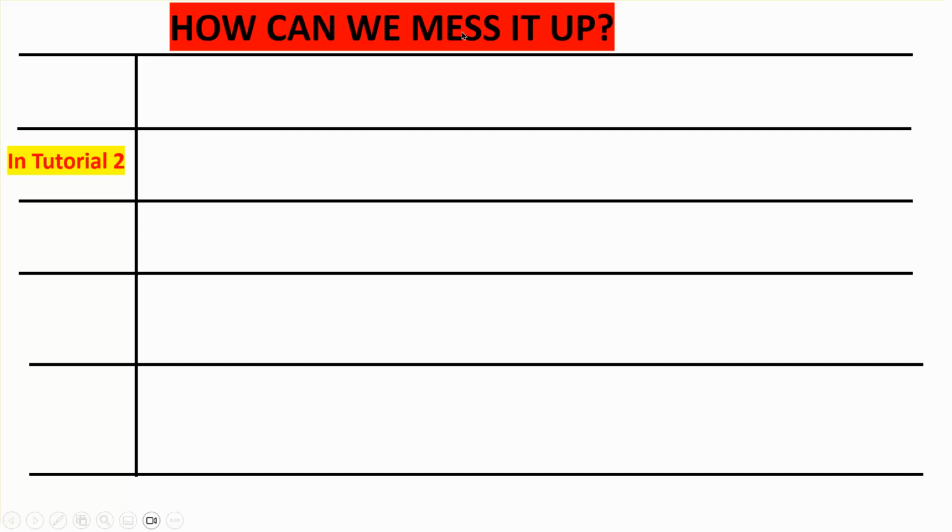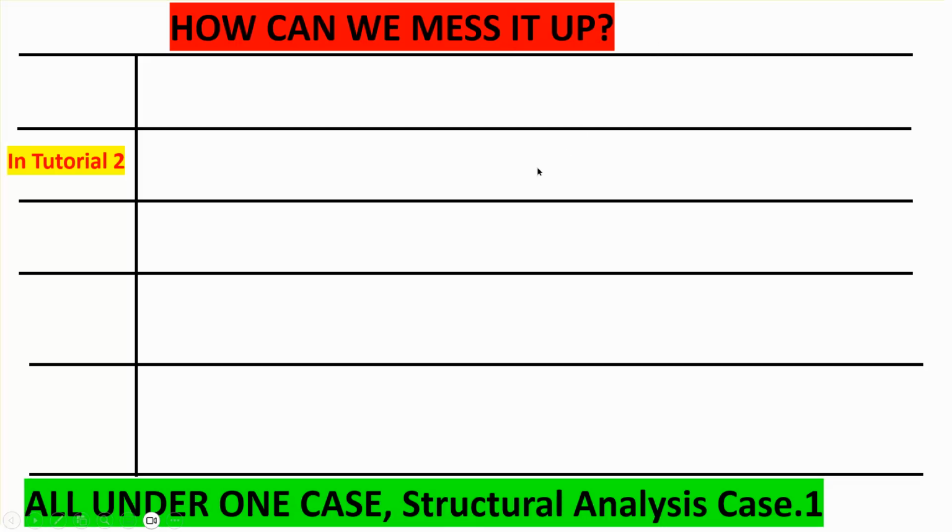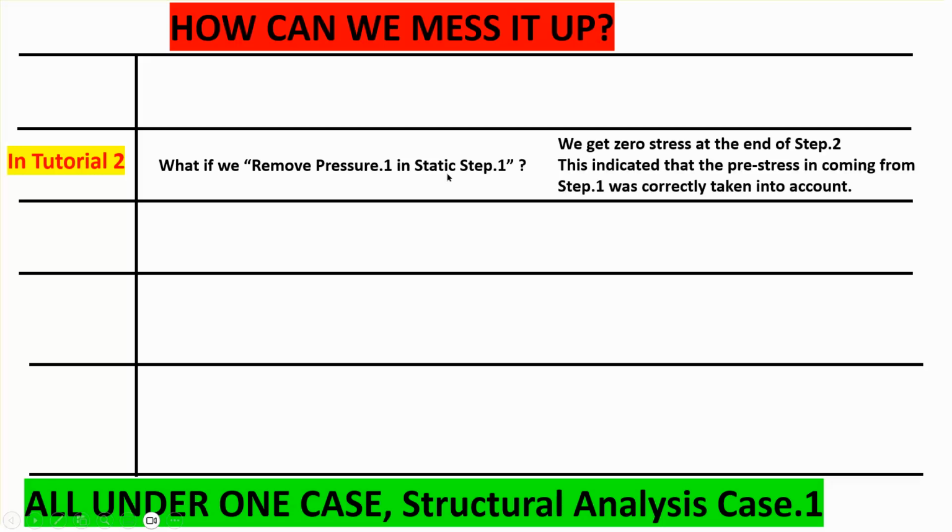Now, what I'm going to do after I show you that everything works fine, is say, okay, what if I go and remove that pressure in step 2, I'm sorry, not step 1? What if I go and remove that pressure that was automatically propagated to step 2?